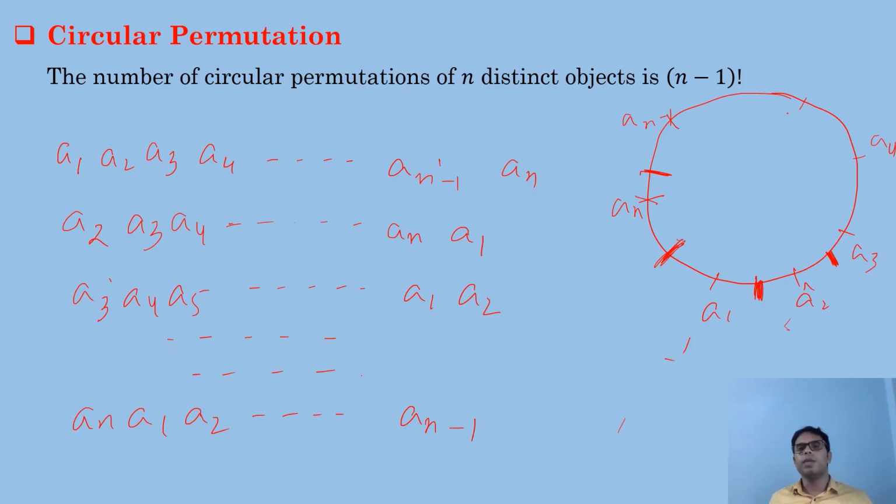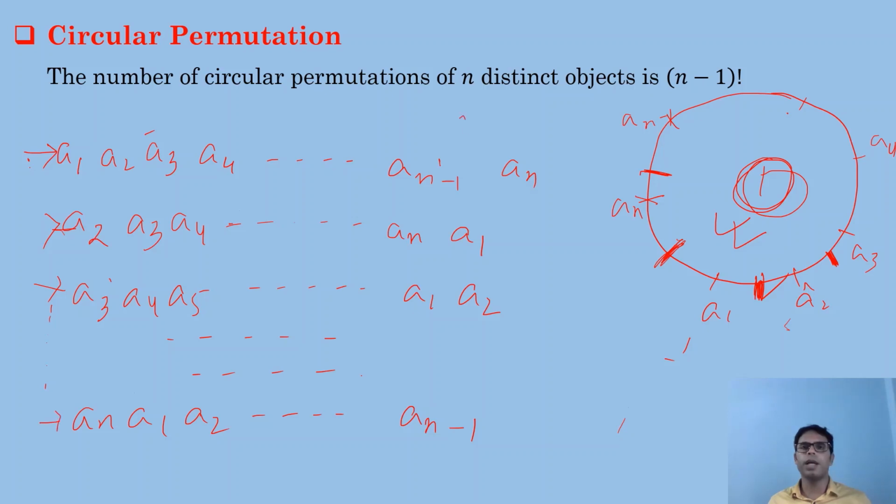We are considering a single circular permutation here. From a single circular permutation, how many linear permutations are obtained? This is one, 2, then 3, 4, 5, 6 and up to n.